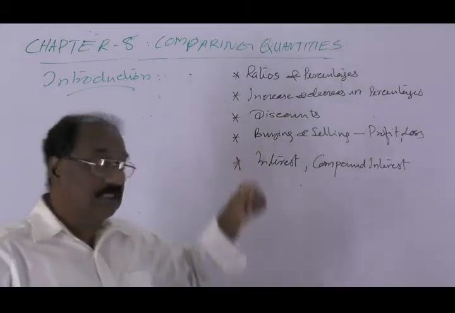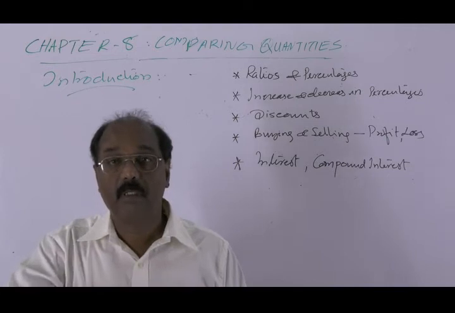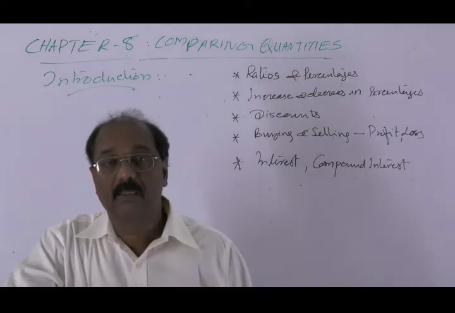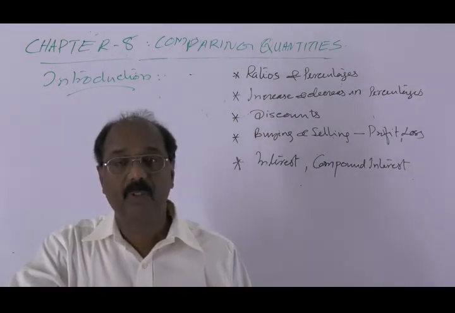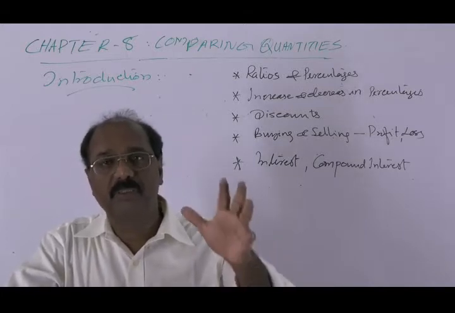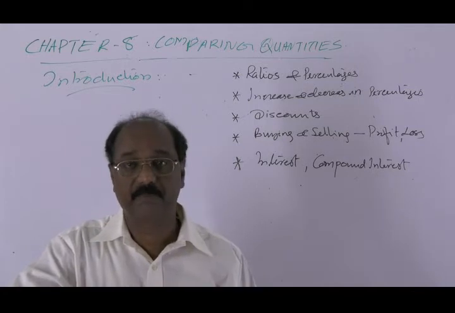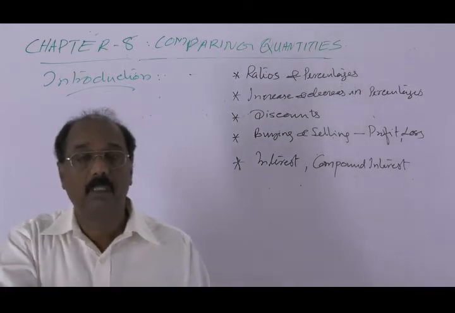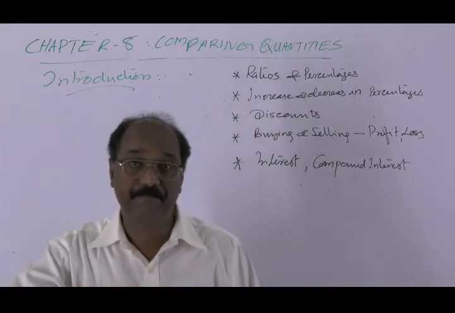In this ratios and percentages, we consider certain quantities and take the ratios of some aspects or characteristics. For example, consider two spheres.